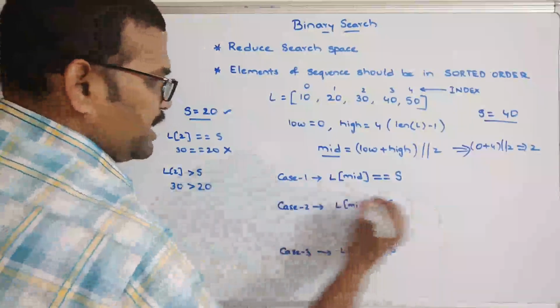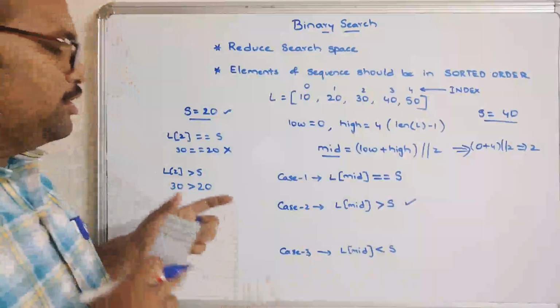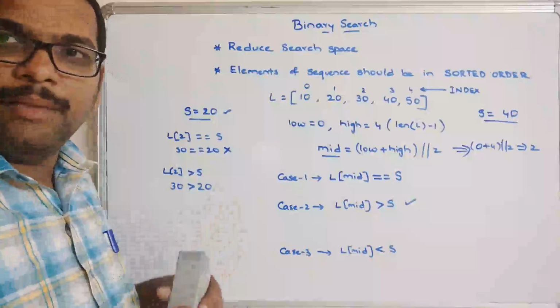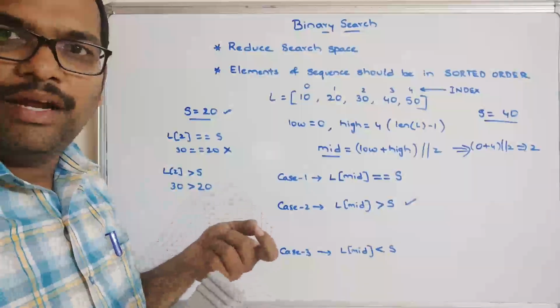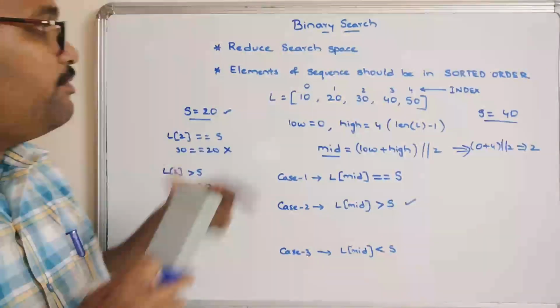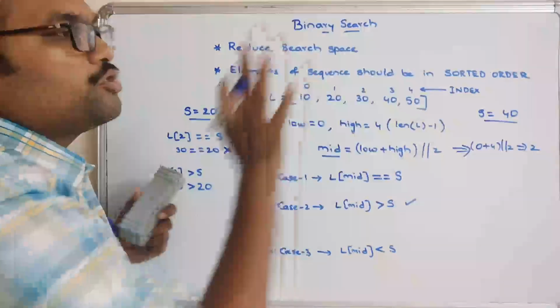This condition is true here. So see, 30 is greater than the search element. The middle element is greater than the search element. Here the elements of the sequence should be in sorted order.